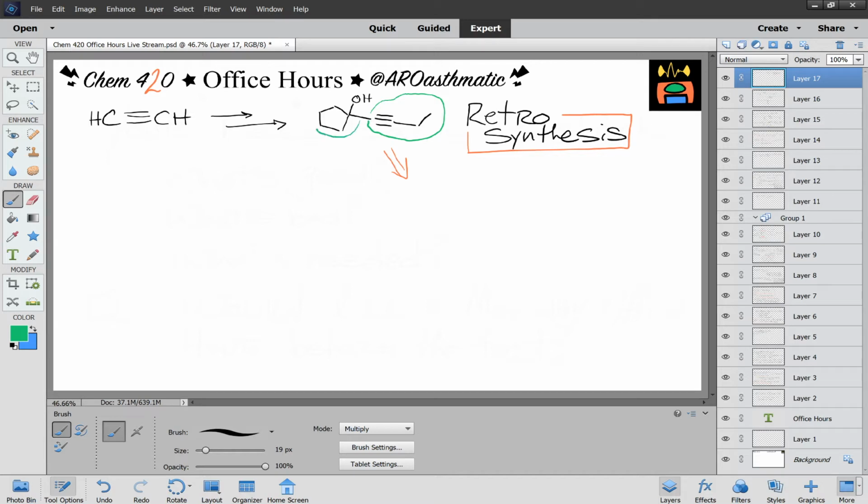The second piece is this ring with the OH. And carbons that have alcohols, i.e. this guy right here that I'm highlighting with a green asterisk, oxygen bearing carbons tend to be good candidates for forming carbon-carbon bonds, all right?